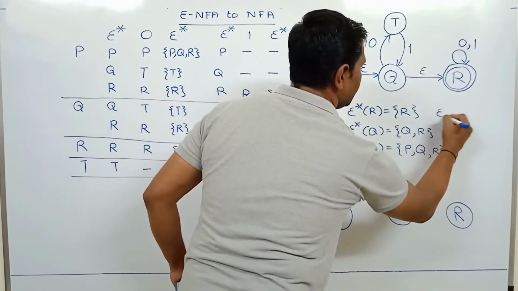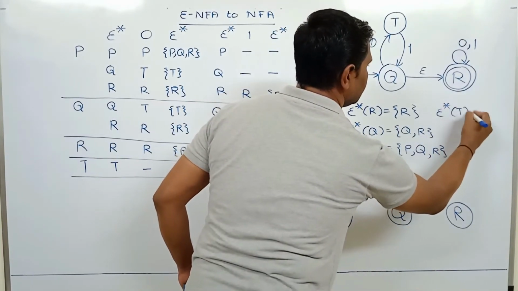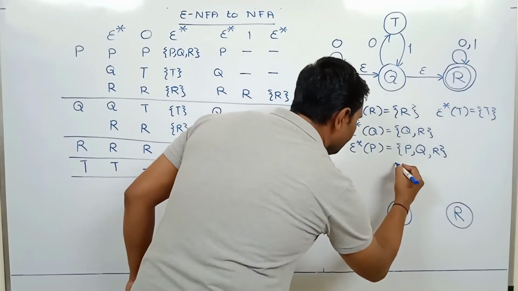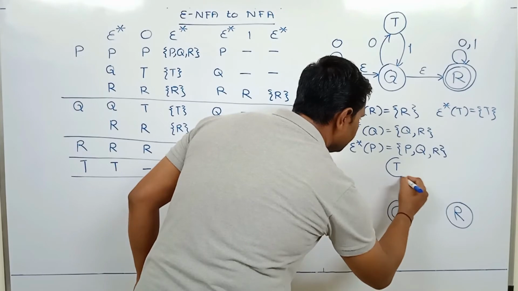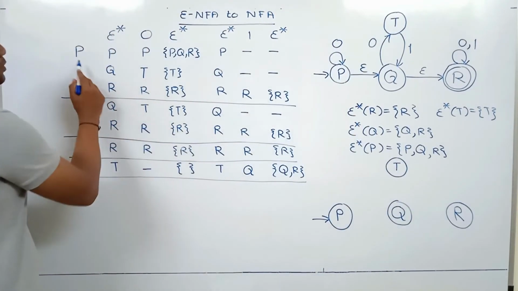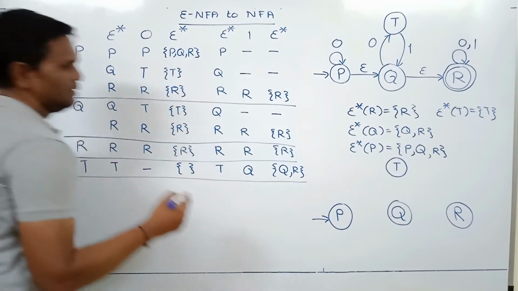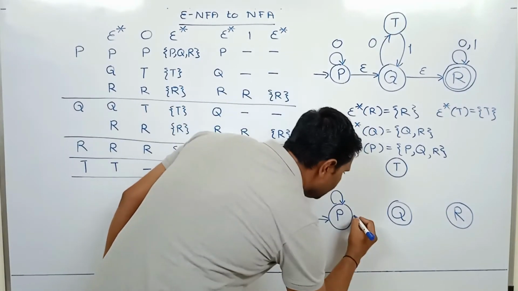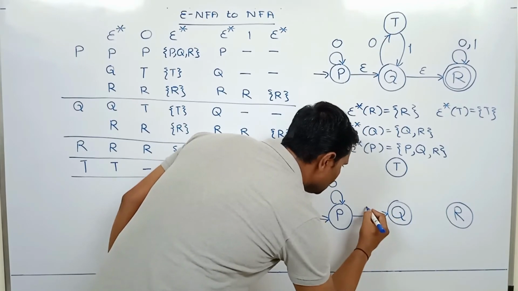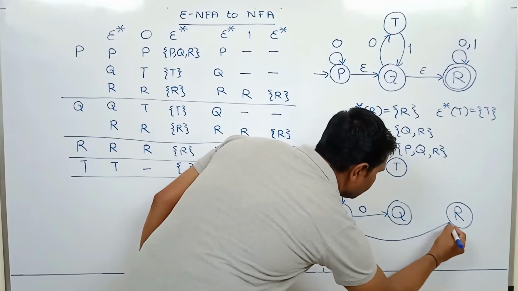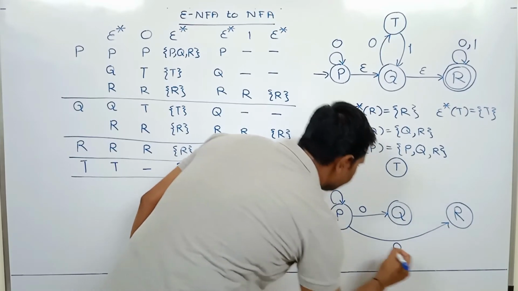I will write over here epsilon closure of T contains only T, and we have one more state T. Now P on 0 goes to PQRT. P on 0 goes to P, Q, R, T.